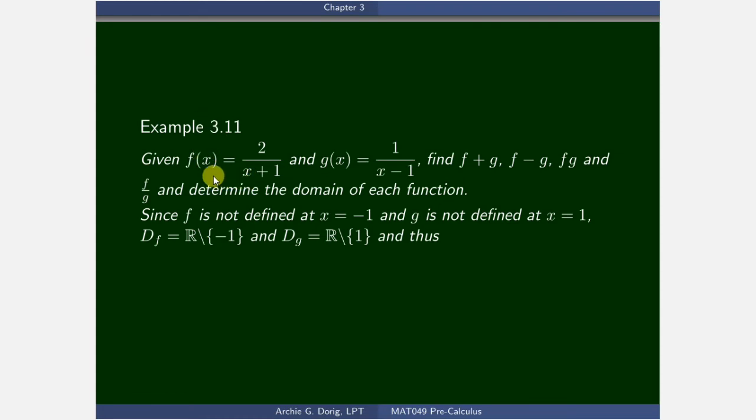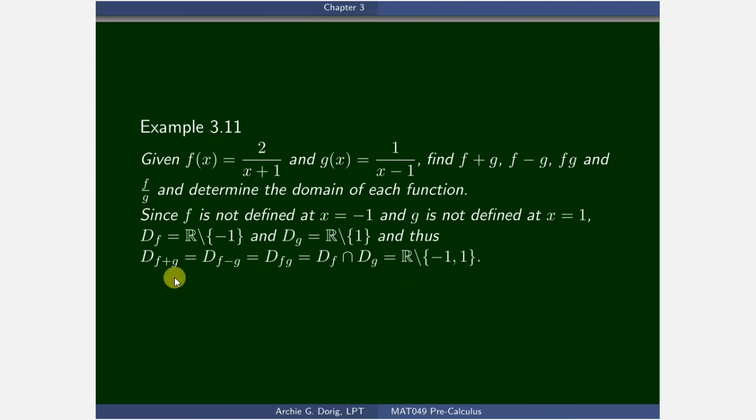The value of x that makes f undefined is x equals negative 1, and the domain of g also is the set of all real numbers except positive 1. So this positive 1 here makes g of x undefined. So that is the domain of g and the domain of f.